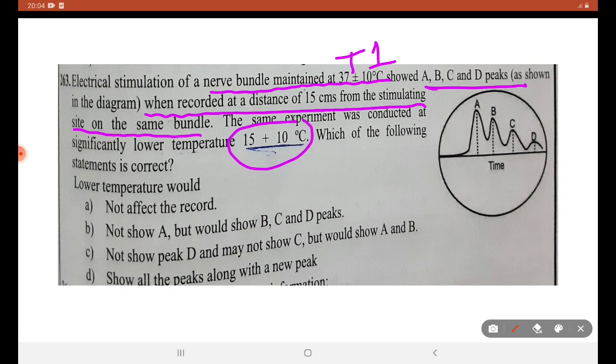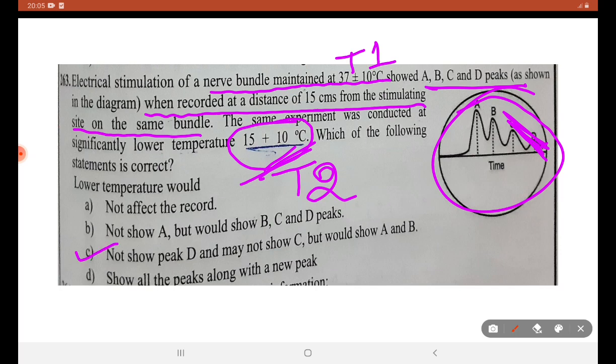The same experiment was conducted at a lower temperature, T2. Think what will happen. If more temperature is given, we can see so many peaks. If the temperature is reduced, stimulation is reduced, so we will never see these two peaks. The answer is: may not show peak D, may not show peak C, but show peaks A and B. This is a bit logical.